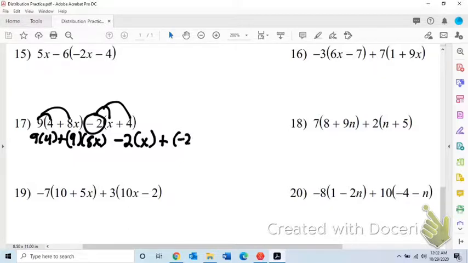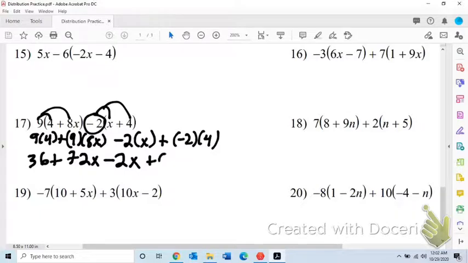And then -2, we distribute that. Make sure you distribute the entire -2. That's -2 times x plus -2 times 4. We then do our multiplication. So we get 36 plus 72x minus 2x plus -8.